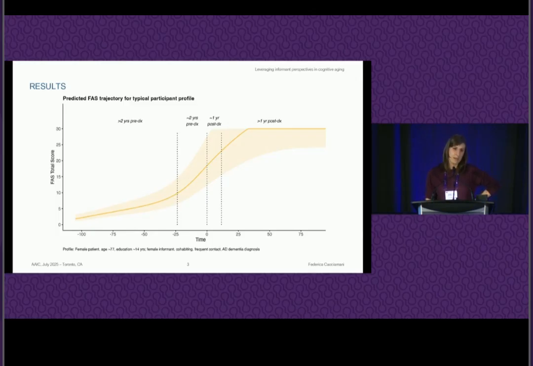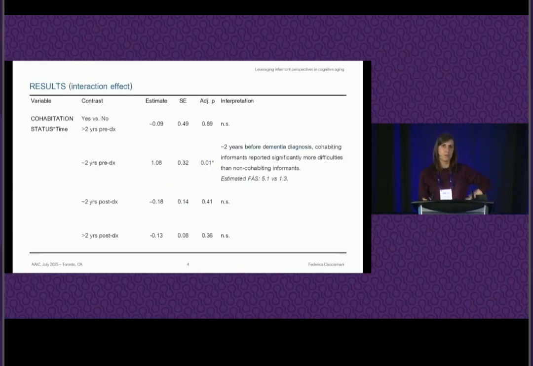But what was really interesting for us is to study how this trajectory differed according to the informant features. And the only informant feature that was significantly associated with the FAS in interaction with time was the cohabitation status, meaning that cohabiting and non-cohabiting informants reported similar difficulties across all the follow-up, except for the period of 2 years before the dementia diagnosis.